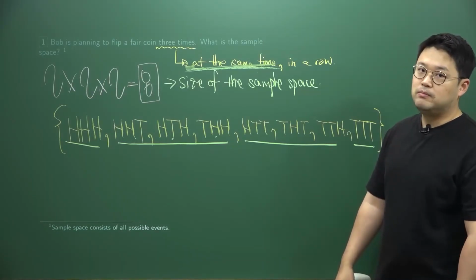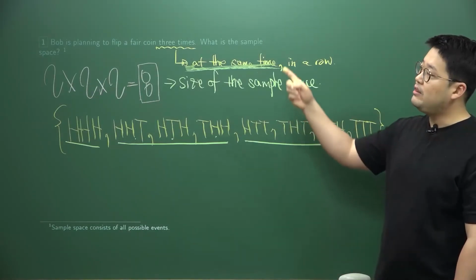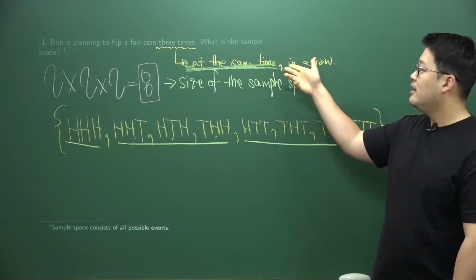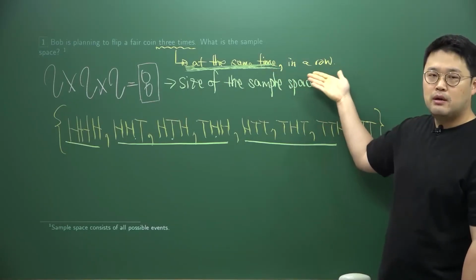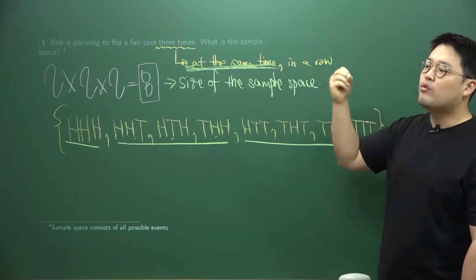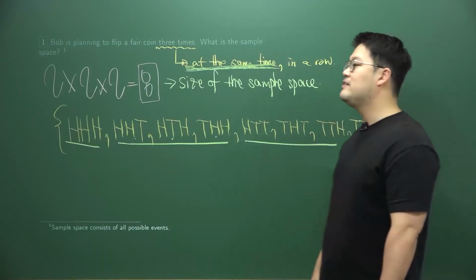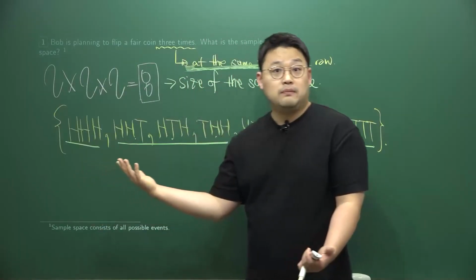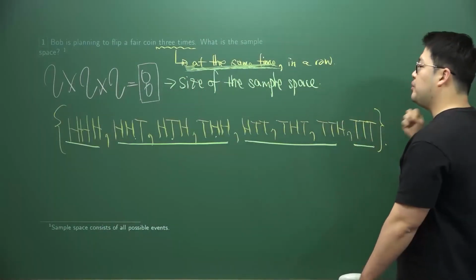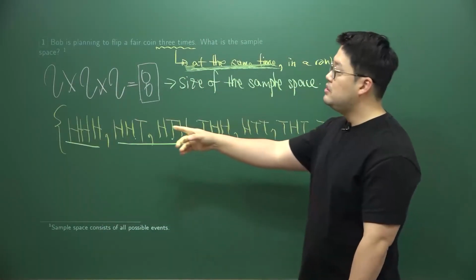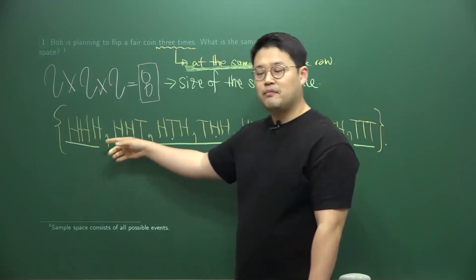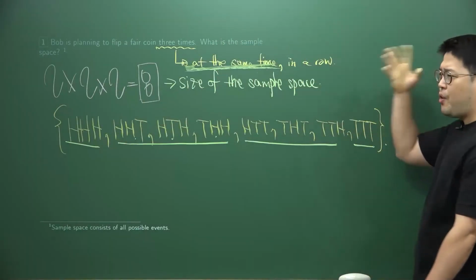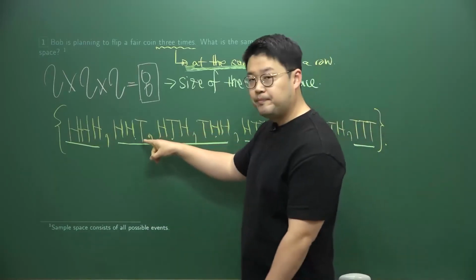No. I'm telling you that when we deal with probability, we have to match up when we throw in a row. So day number 1, you throw coin 1, you got head. Good for you. Day number 2, you throw another coin, you got head. Day number 3, you throw a coin, you got tail.